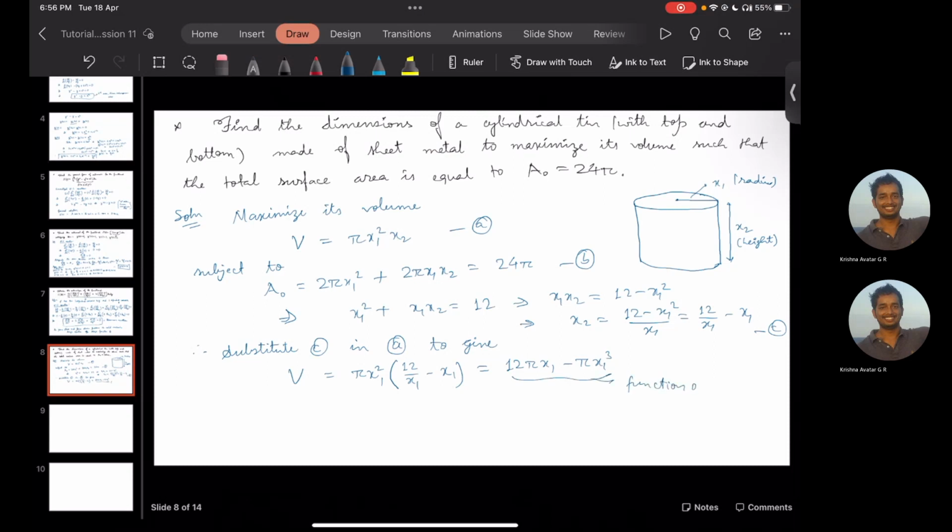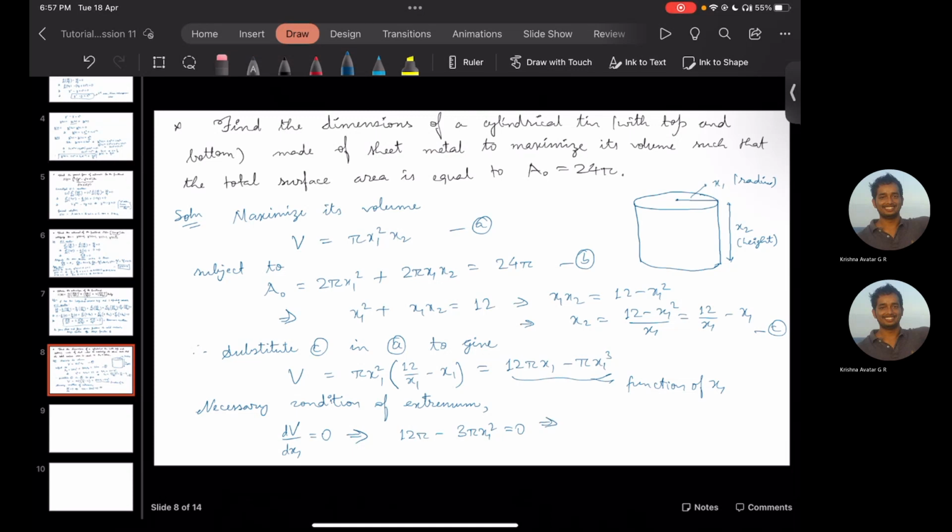It's a function of x1, is it not? So let's apply the necessary condition for an extremum. This is given by dV by dx1 is equal to 0, and this implies that 12 pi minus 3 pi x1 squared is equal to 0.